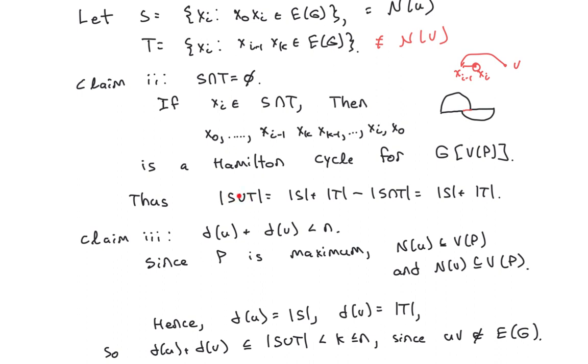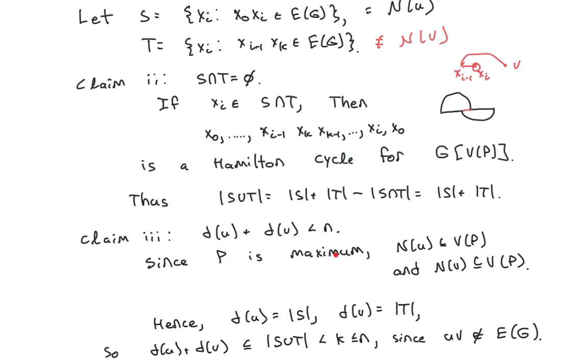Notice that the size of the union is equal to the sum of the sizes minus the size of the intersection. Since the intersection is the empty set, that means the size of the union is the sum of the sizes of the two sets. So now we're going to get our counterexample for Orr's theorem, where he claimed that the sum of the degrees of u and v is strictly less than n.